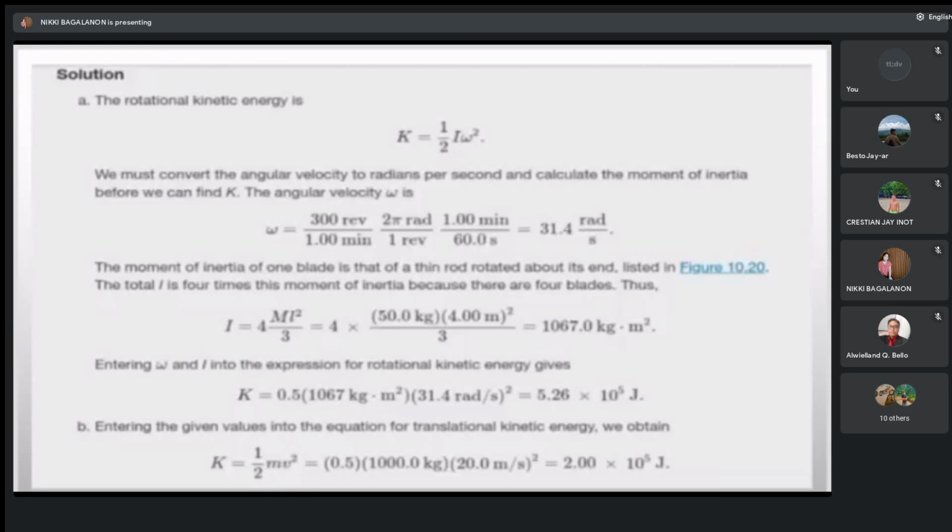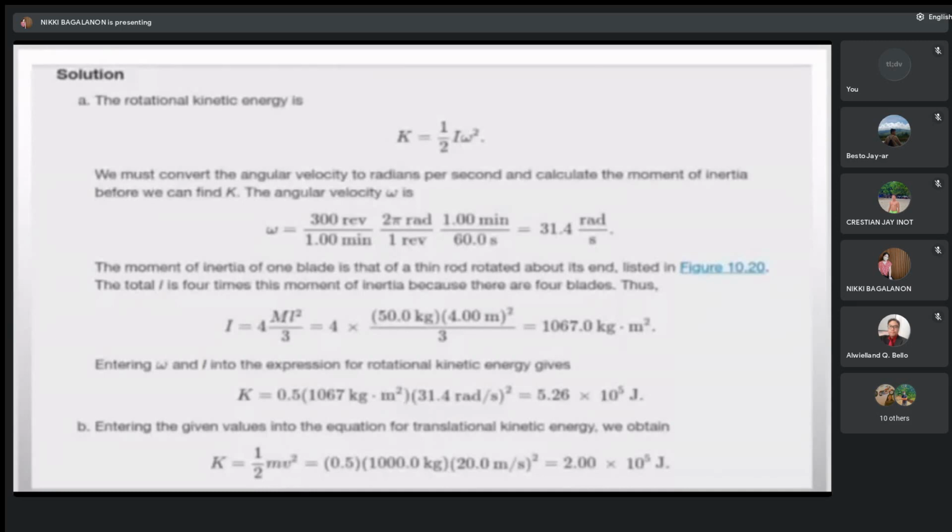Entering angular velocity and rotational inertia into the expression for rotational kinetic energy gives kinetic energy 0.5 times 1,067 kilogram meter squared times 31.4 radians per second squared equals 5.26 times 10 raised to the power of 5 joules.